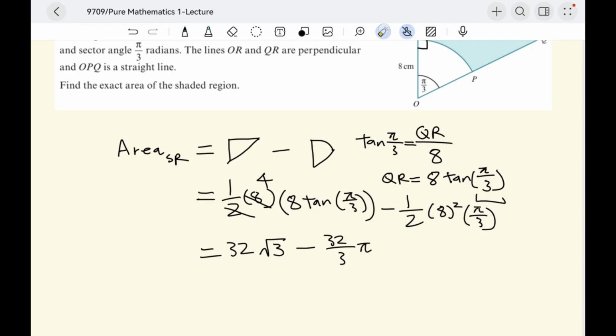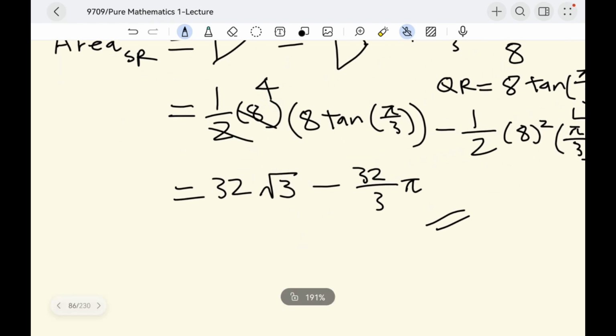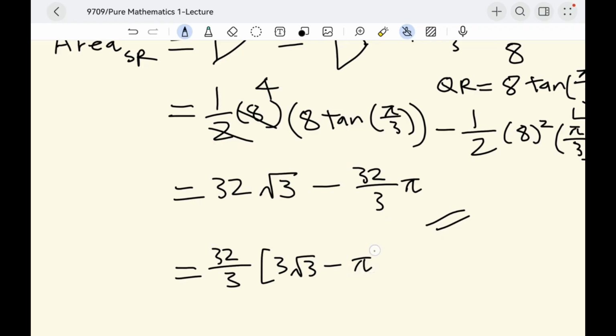It is fine for you to leave your exact area of the shaded region in this form. However, I can leave it in another form. As you can see, there is a common factor of 32 in each term, so why not factorize it out to make the answer nicer. I may factorize 32 over 3, and you will get 3 root 3 minus pi.